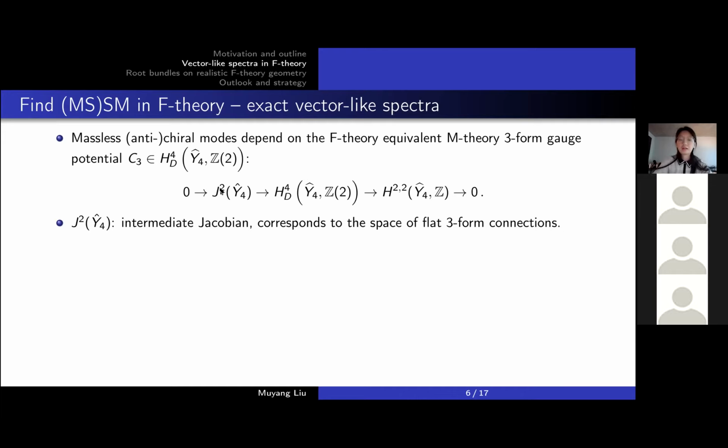And this Deligne homology sits in the following short exact sequence, where J2 is the non-intermediate Jacobian and corresponds to the space of flat three-form connections. So it will have no impact on the chiral spectra, but will influence our vector-like pairs in the spectrum.